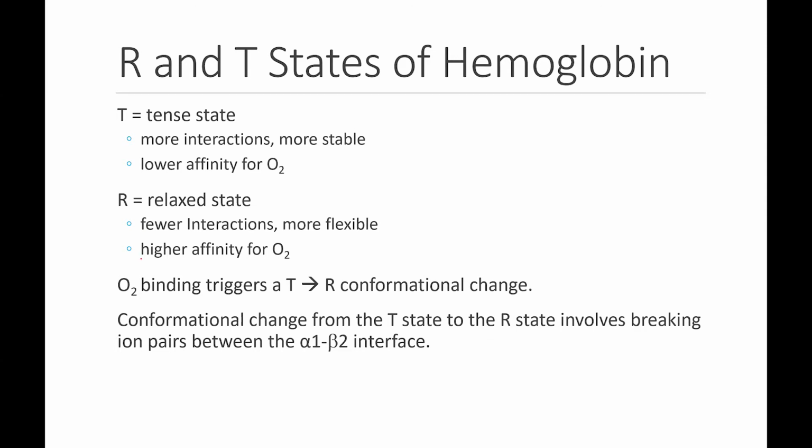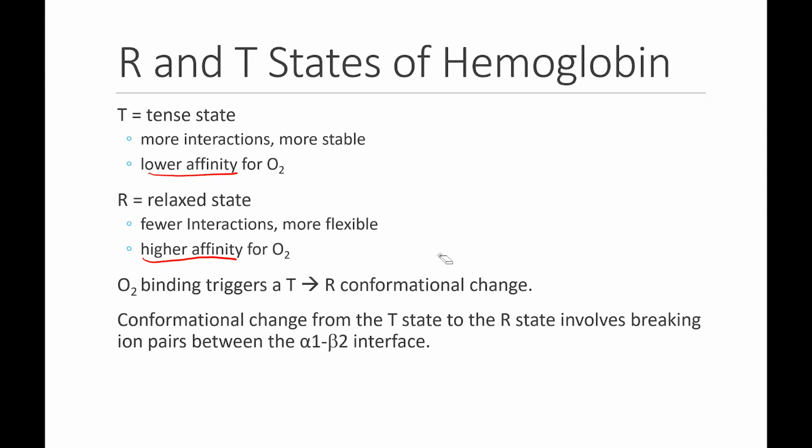Remember, when we're saying higher and lower affinity, that means that the actual KD, that constant number of how likely it is to bind, at what concentration it will bind, is changing. So the change in the conformation from T to R state actually does change that KD number. It changes how likely it is to bind oxygen.